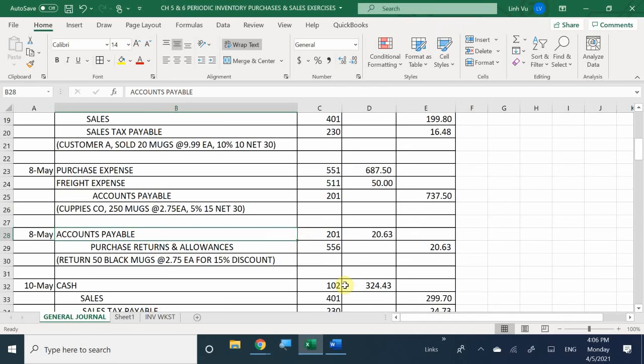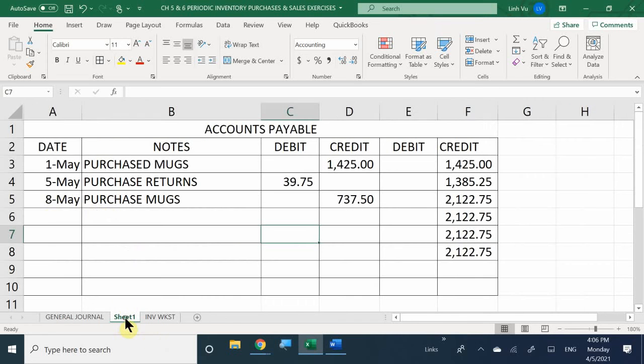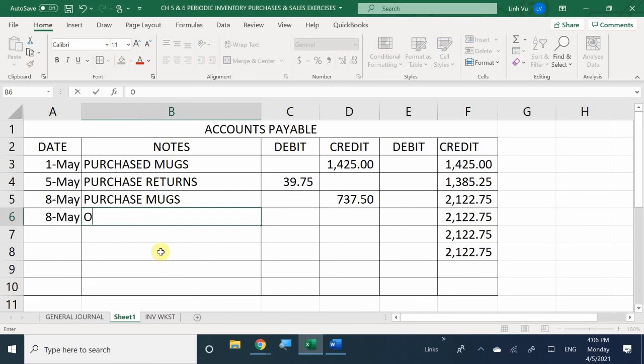I didn't return. I got an allowance for $20. So therefore, I decreased my accounts payable once again because I debited it. I'm lowering my debt. So in this case, I'm going to recognize the same day, May 8th, but this time I got a purchase allowance.